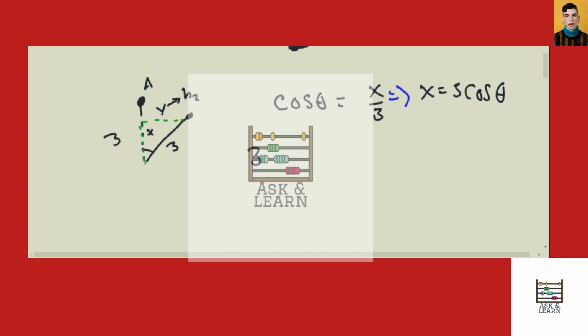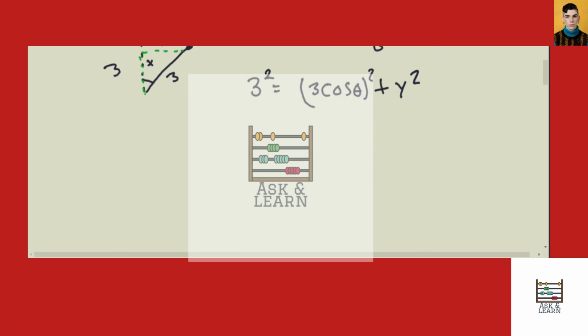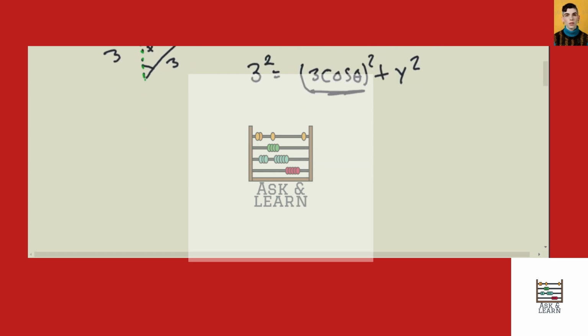So we have 3 squared is equal to x squared, which is (3 cosine theta) squared, plus y squared. And then we move this to the left side and take the square root to get rid of the square. We have y is equal to 3 minus 3 cosine theta. And this, of course, is our h2. So now we can plug that back in and find the velocity.